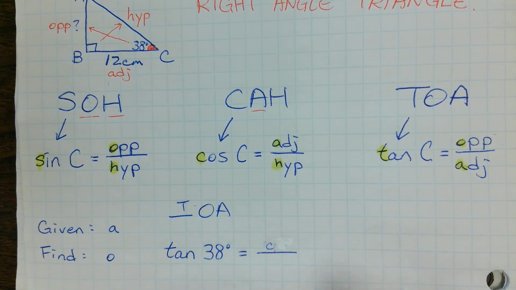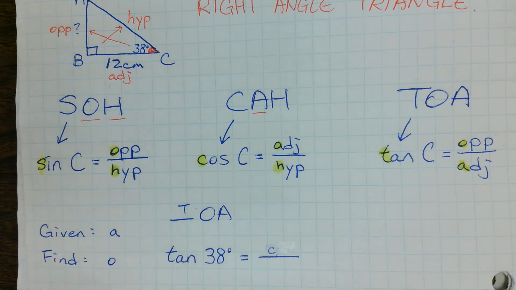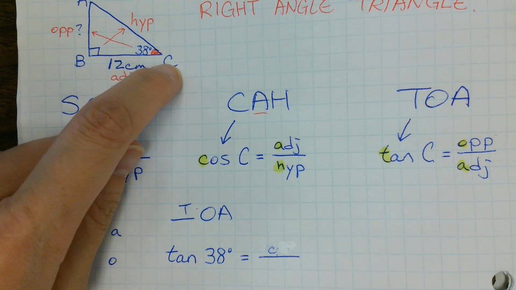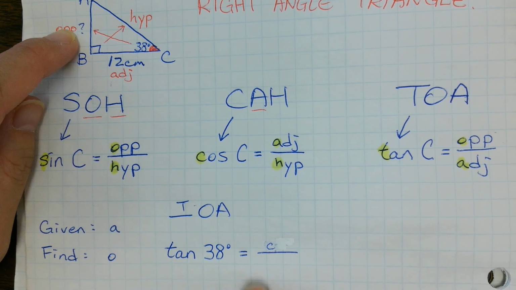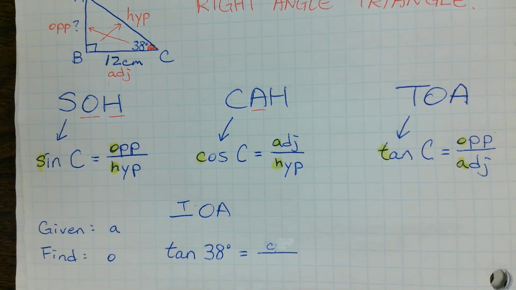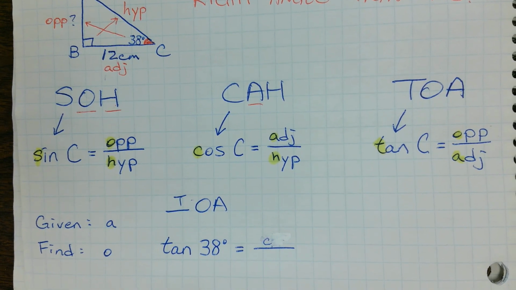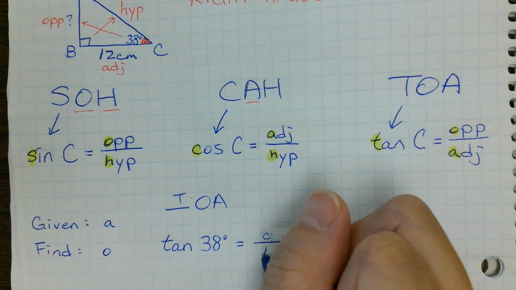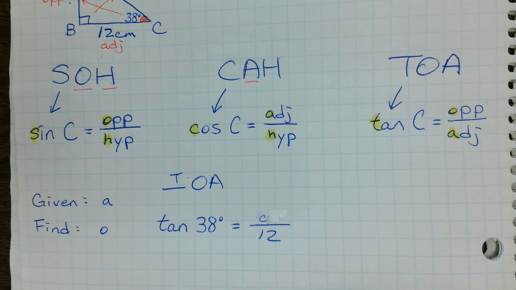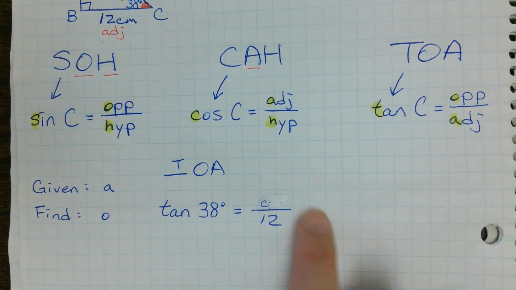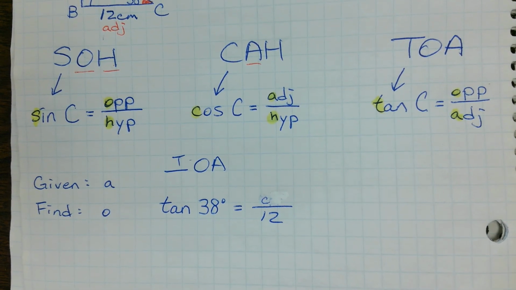Instead of writing opposite, we should really put in a variable. Since this is angle C, opposite to it is lowercase c. And over adjacent, how long is adjacent? 12. All right, so now we have an equation where we only have one unknown. We can solve that.